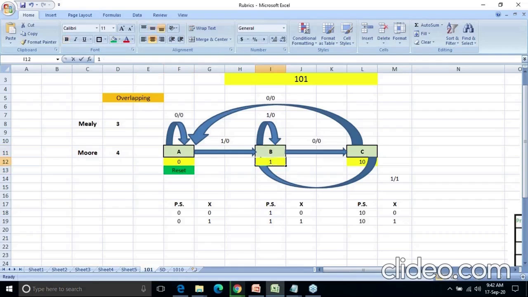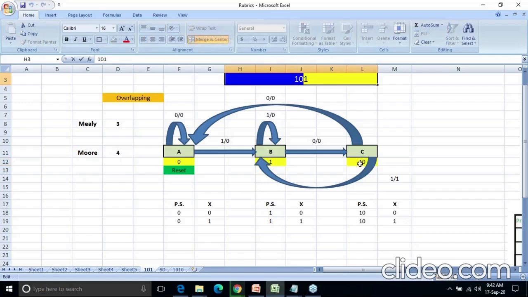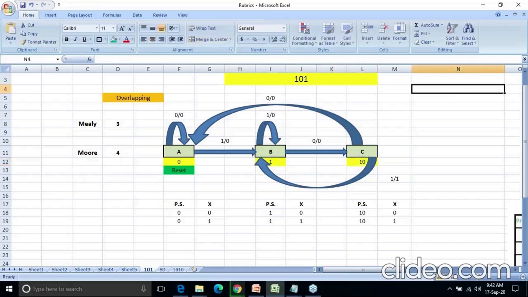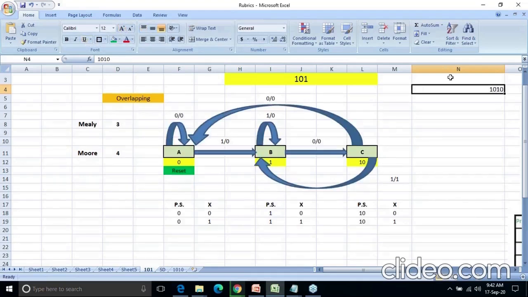Second, the notation you need to give below the state is the first bit present in your sequence. So the first bit over here is 1, and that's why I have written 1. Then next, the first 2 bits of the sequence, so 1, 0. If the sequence is 1, 0, 1, 0, what will be the next state?